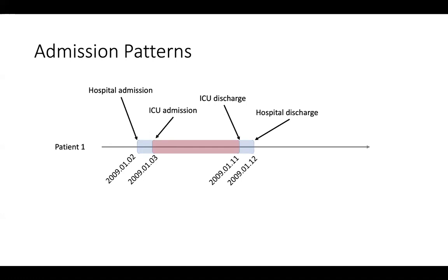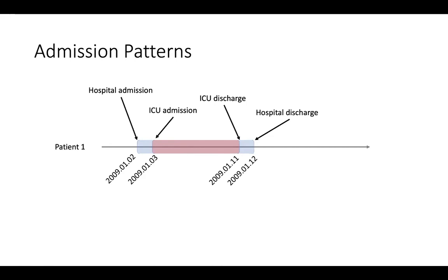So after 1 day in the ward, you are transferred to the ICU, and then you stay. This patient stayed for 8 days in the ICU. 중환자실에서 8일 있었던 거죠. And then after the ICU, if the patient is stabilized or something was taken care of, he is transferred back to the ward, to the 병동.